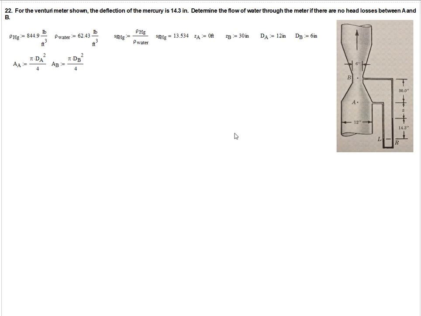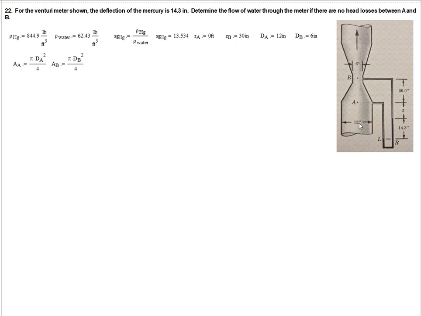In this problem, we have a Venturi meter, and how a Venturi meter works is it measures the flow rate by constricting the pipe and then measuring the pressure drop across that constriction. Here it's a little different than what we're used to seeing in that the flow is going vertically upward.